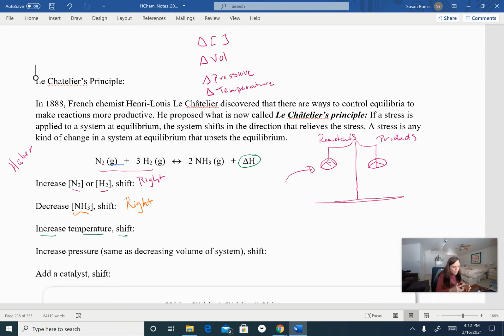So if I want to think of that heat as a product here, okay, if it's on the left-hand side, it's an endothermic reaction, and it's going to be a reactant. So it's the same as putting a bunch of extra stuff on that product pan. So that's going to make that product pan really, really heavy.